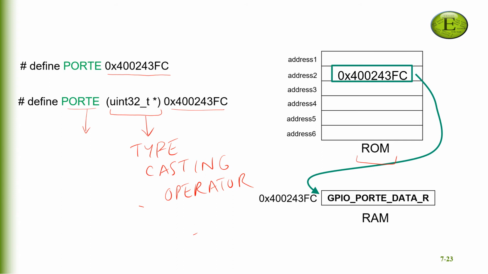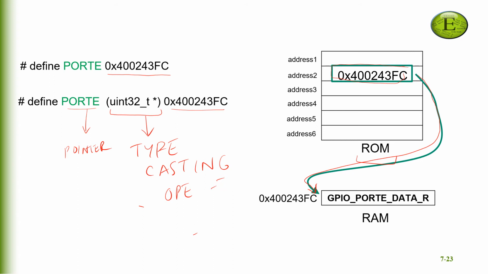In other words, this number is no longer an ordinary number. It is the value of a pointer. Therefore, port E has now become a pointer. It is pointing, and it's shown here with the help of a green arc, to an address hex 400243FC, and this is an address of the RAM.